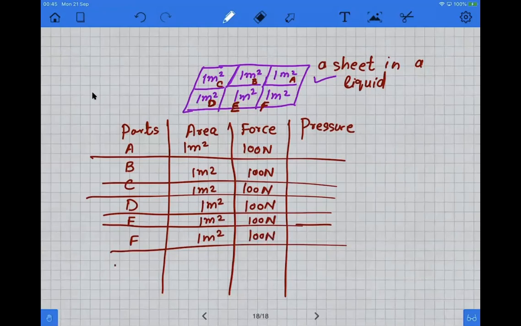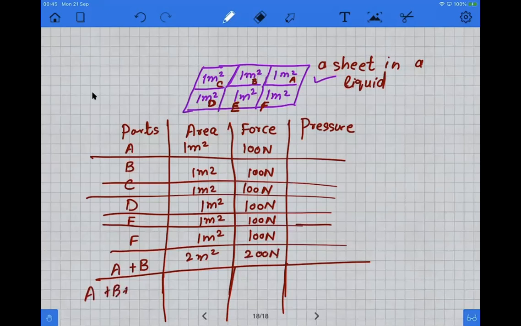Now, if you take A plus B, the area will become 2 meters square and the force will also become 200 Newton. If you take A plus B plus C plus D plus E plus F, they are in total 6, so the area will become 6 meters square and the force will be 600.